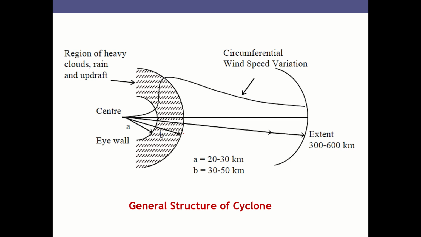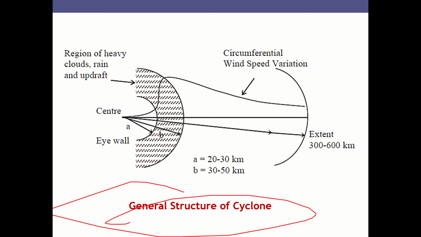This is one diagram which I thought summarizes what we are talking about. There are two or three components that constitute the cyclone structure itself. The first part is the central part, which is also called the eye.